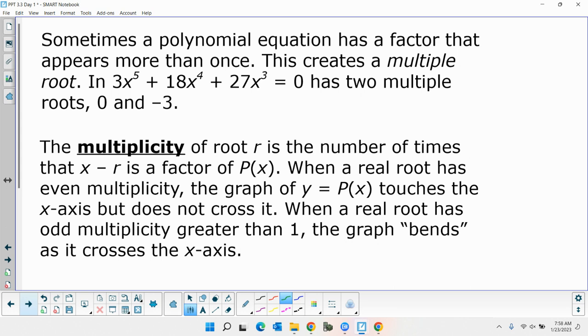So when it touches but does not cross, or bounces, then it has even multiplicity. When a real root has odd multiplicity greater than 1, if it works once, it's odd. But if it's got a multiplicity of 3 or 5 or 7, the graph bends as it crosses the x-axis. We didn't talk about that last week.